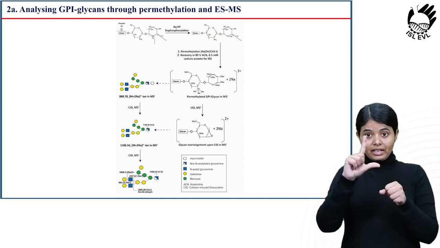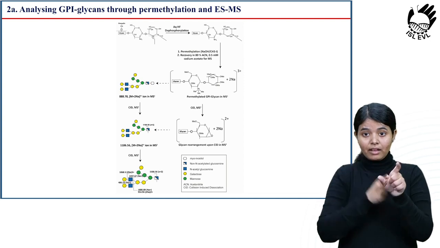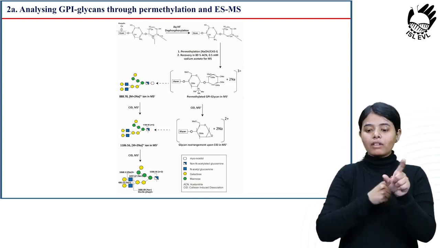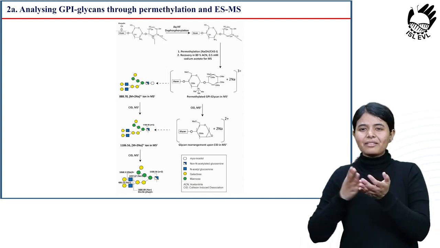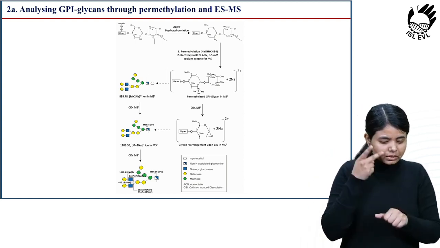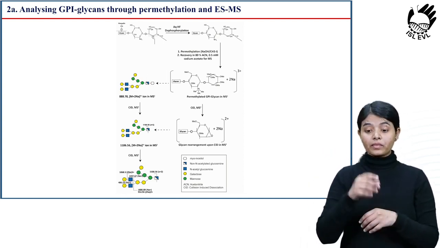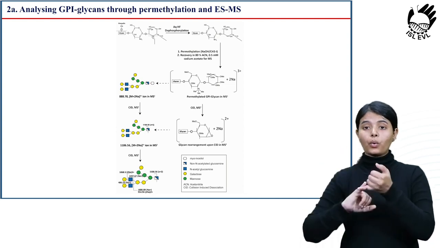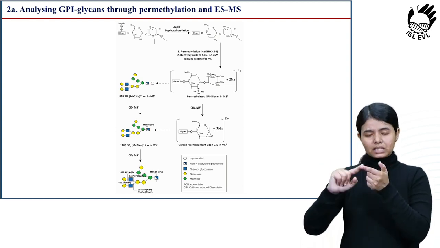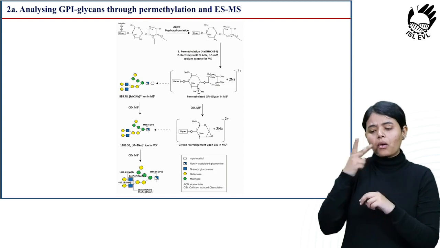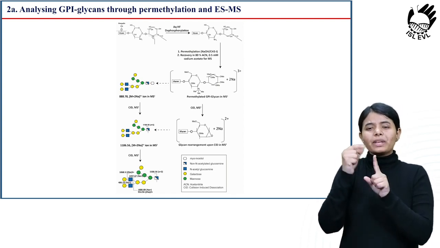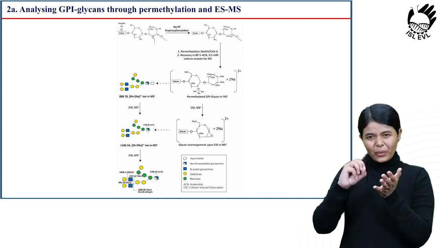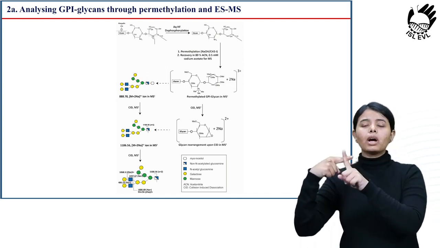And then when we further fragment them in the CID, which causes further rearrangement of the ammonium ion, it gives us doubly charged species in the MS2 spectrum. And then we further do MS3 CID fragmentation to get the final fragmentation of the GPI glycans. And then based on that fragmentation pattern, we characterize the glycan structures.